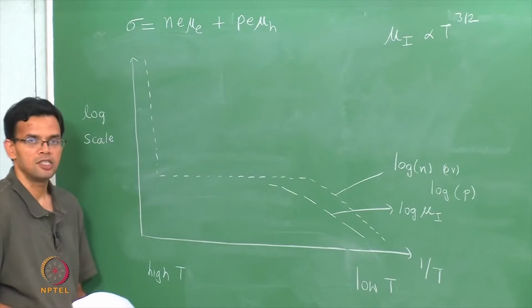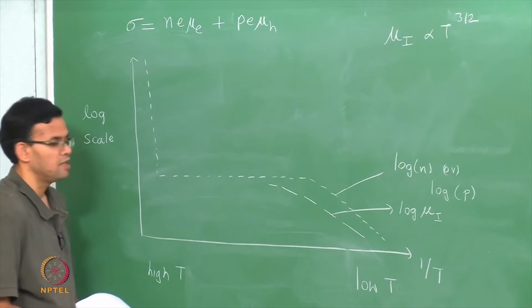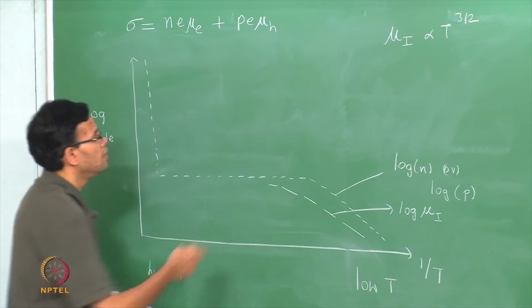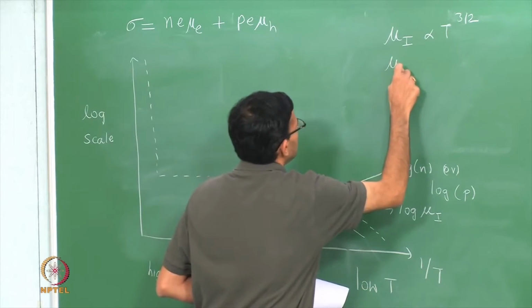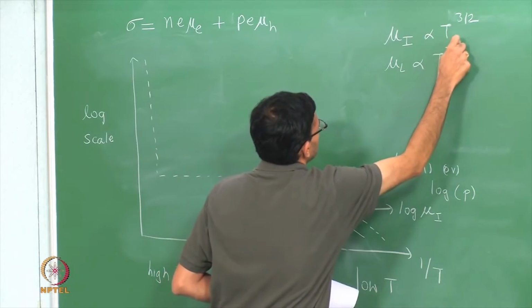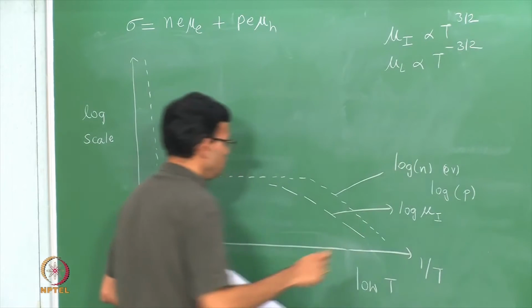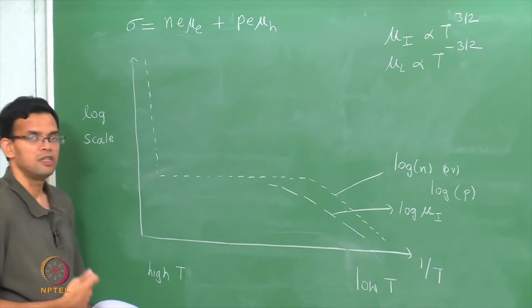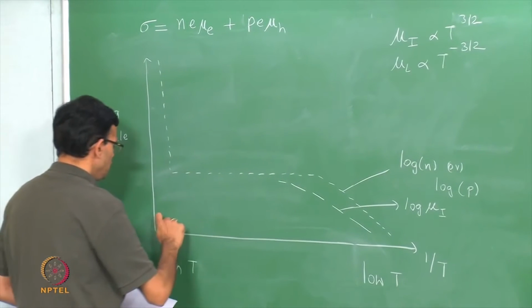At high temperatures scattering is dominated by the silicon lattice, in which case mu L is proportional to T to the minus 3/2. So, as the temperature increases mu L goes down.